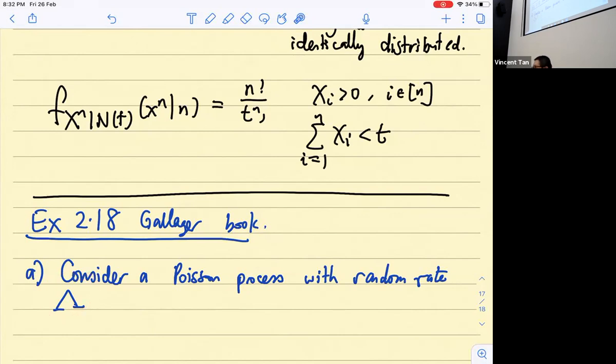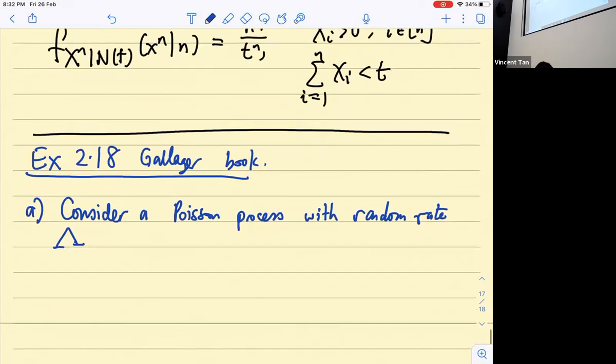So now my rate is random. The Poisson process has a random rate. Very exciting. And we need to define the distribution of this random variable. So f of Lambda at lambda is alpha e to the minus alpha lambda for lambda bigger than 0, and 0 else.